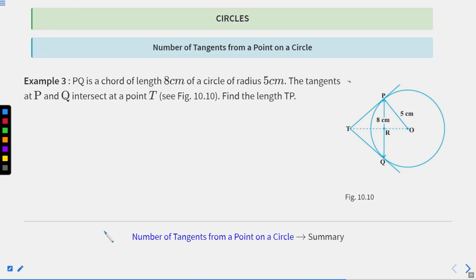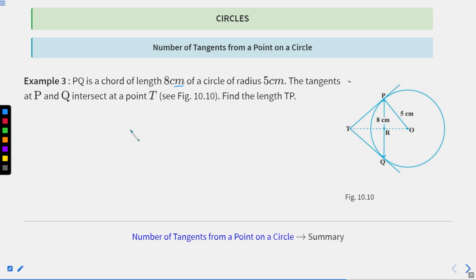Now let us see example 3. Here we have PQ, a chord of length 8 cm of a circle of radius 5 cm, and the tangents at points P and Q intersect at a point T, as you can see in figure 10.10. Here we have to find the length TP.